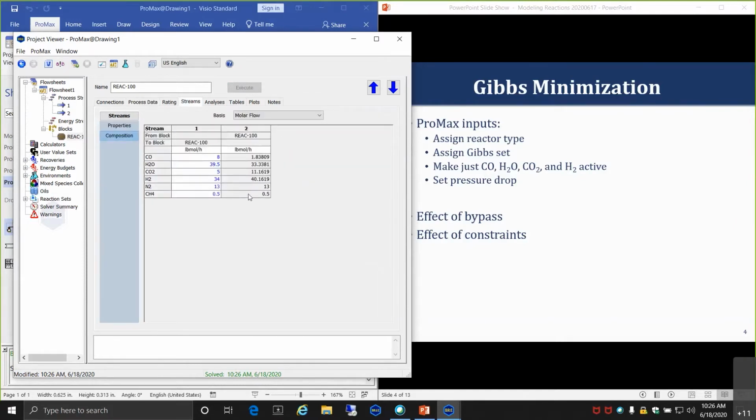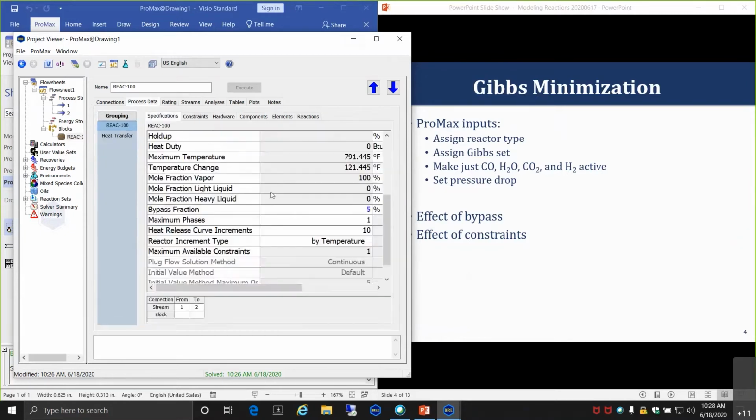And if we look at our streams, you will see that the reaction still goes, but it does not go to the same amount. So we end up with extra unreacted material in the end. So the bypass is one way to adjust for not reaching equilibrium.